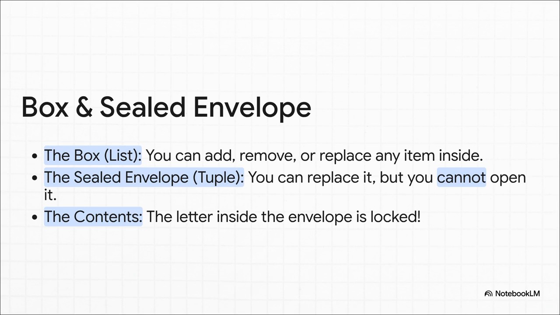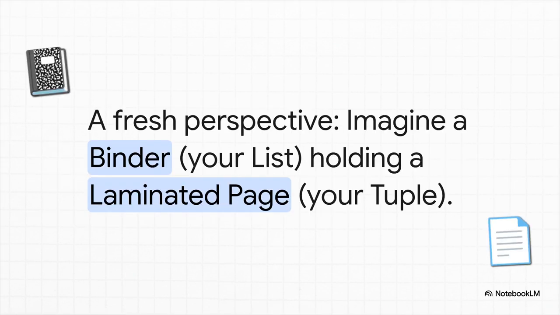The box is completely mutable. Now, one of the items inside that box is a sealed envelope. That's our tuple. You can take that whole envelope out and replace it with a different one, no problem. But what you can't do is tear open that specific envelope and try to edit the letter inside. The envelope itself is sealed shut. It's immutable.